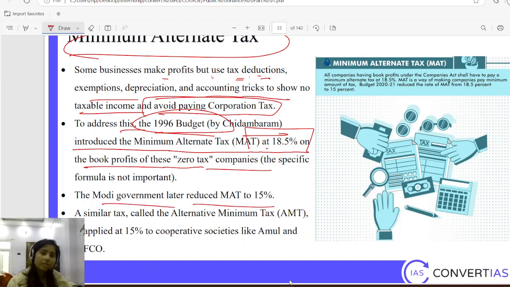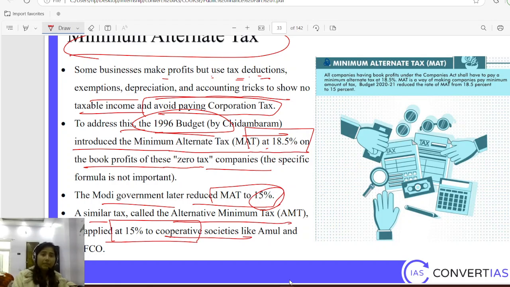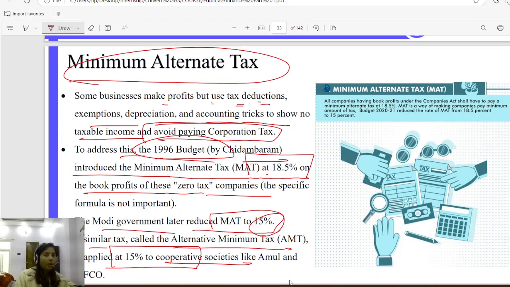The Modi government later reduced MAT to 15%. So now it is 15%. A similar tax called alternate minimum tax is applied at 15% to cooperative societies. Okay, so UPSC might ask the difference between MAT and AMT. Minimum alternate tax is for all other companies which are earning lesser than the income threshold for taxable income.